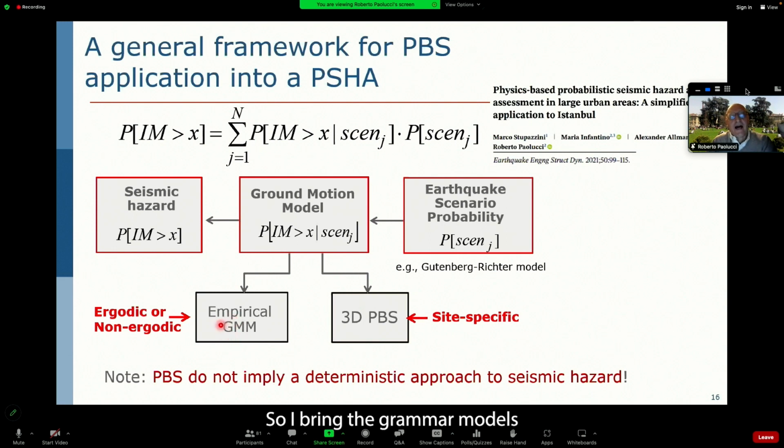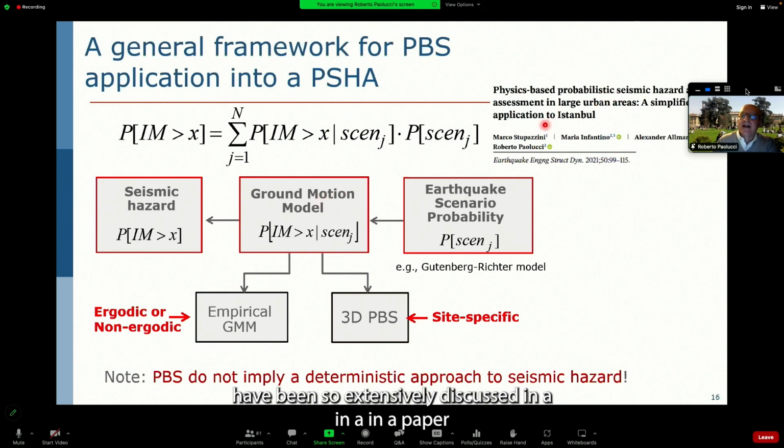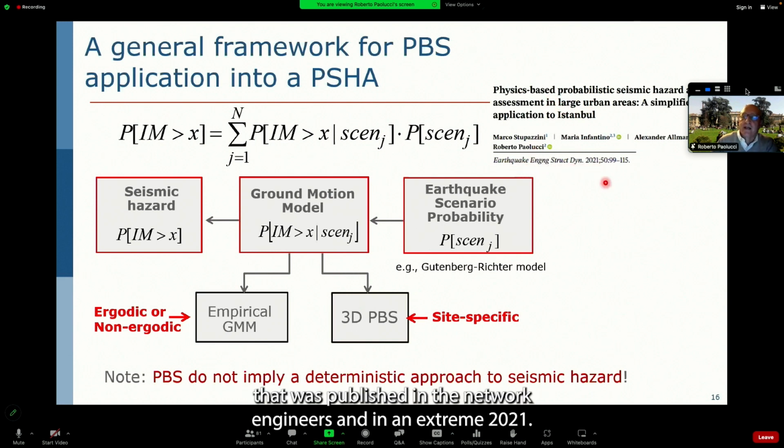So, hybrid ground motion models that also take advantage of the physics-based simulation. In any case, physics-based simulations are not necessarily related only to deterministic approaches to seismic hazard. As you can see here, they fit perfectly within a probabilistic seismic hazard assessment. By the way, these results have been extensively discussed in a paper published in Earthquake Engineering and Structural Dynamics in 2021.